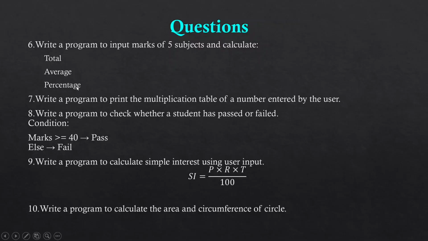That means in percentage we will be calculating the total of all the subject marks divided by the maximum marks and multiplied by 100. I hope you have understood this. Now let's move towards the program.